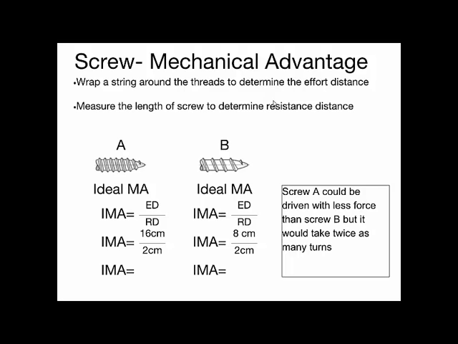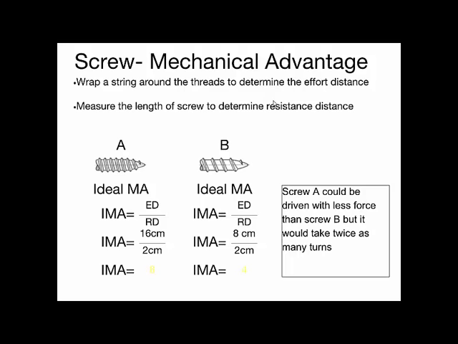What would its ideal mechanical advantage be? 8. If I look at this other screw with the steeper threads, it only has 8 centimeters of threads. Its mechanical advantage would be? 4. Okay, 4. So they both have a mechanical advantage. Which one could I get into the wood using less force?